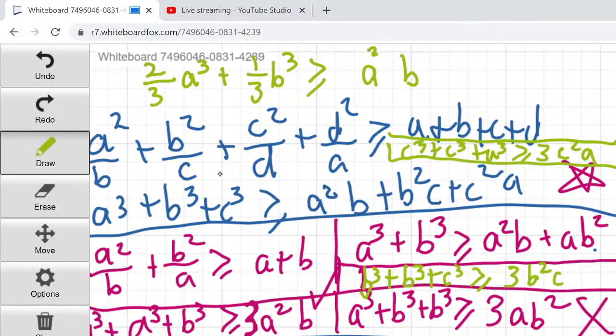So it should be a to the 2/3, b to the 1/3. That's what you call the weighted AM-GM.